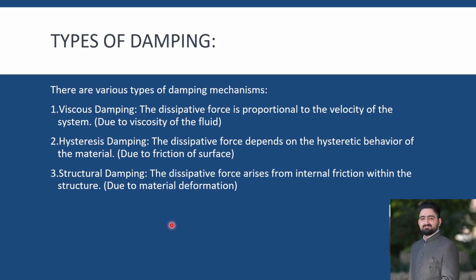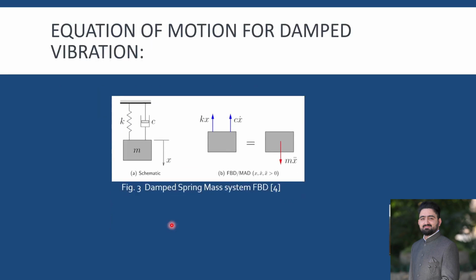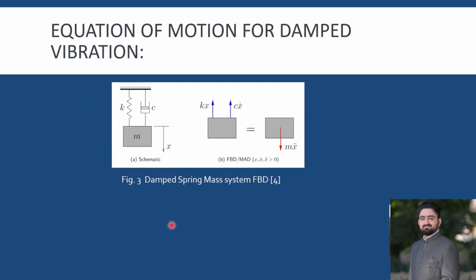So, going on to the equation of motion for damped vibration, this is a schematic of a simple mass spring system with a damper. Using Newton's second law, which is the summation of forces equals mass times acceleration, we'll use that relation.